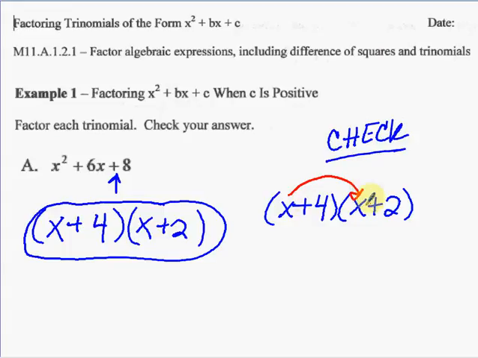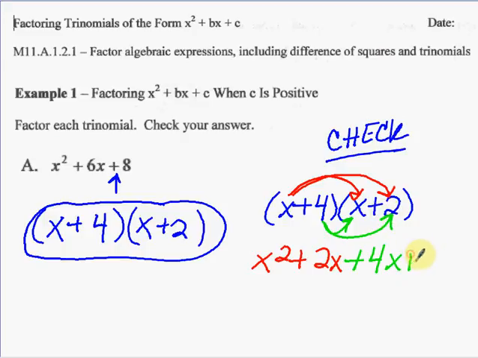So we have x times x, that's x squared. And we have x times 2, which is 2x. From there, we're going to take 4 times x. That's 4x. And 4 times 2, which is 8.